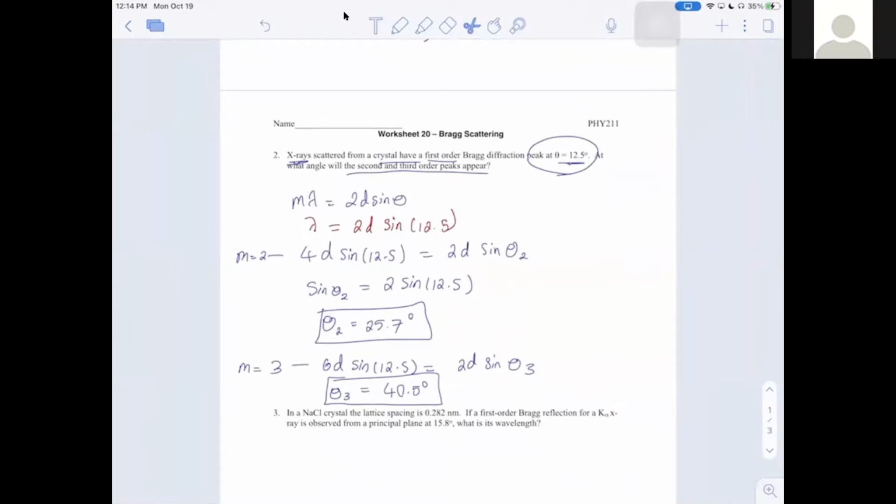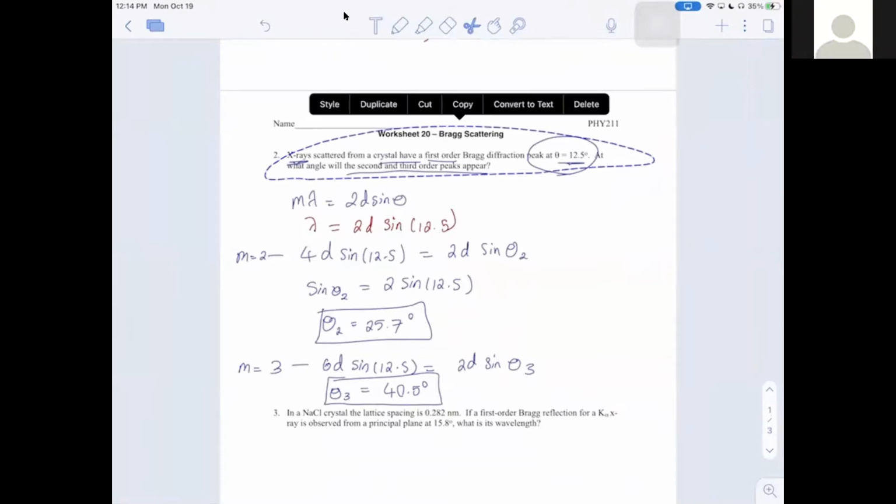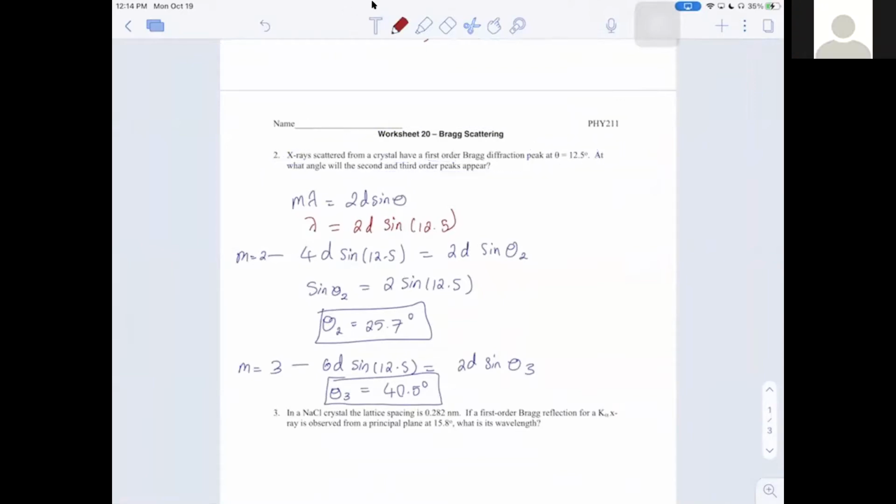Someone want to explain, or should I go? All right, I'll go with it. So we were given the Bragg's diffraction peak of angle 12.5 for the first order.